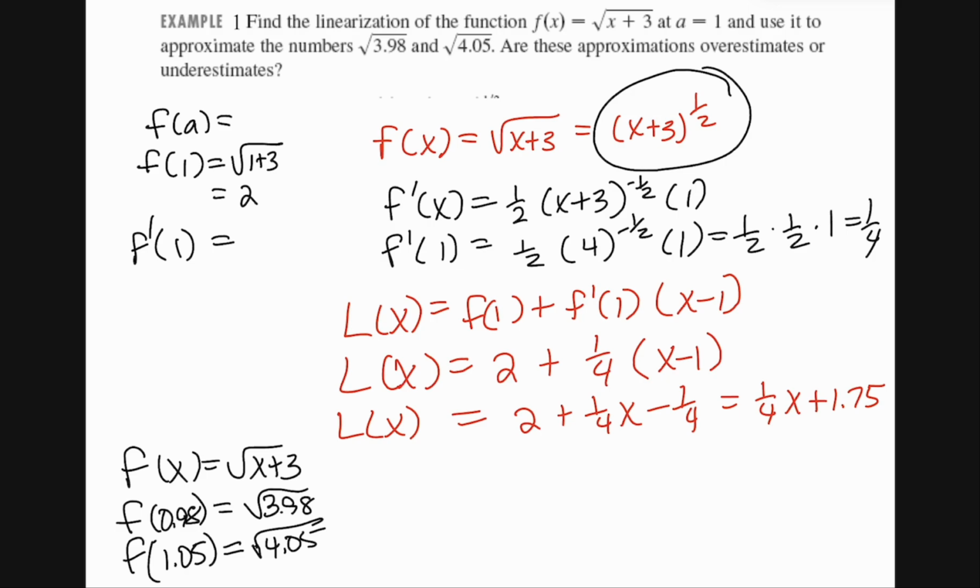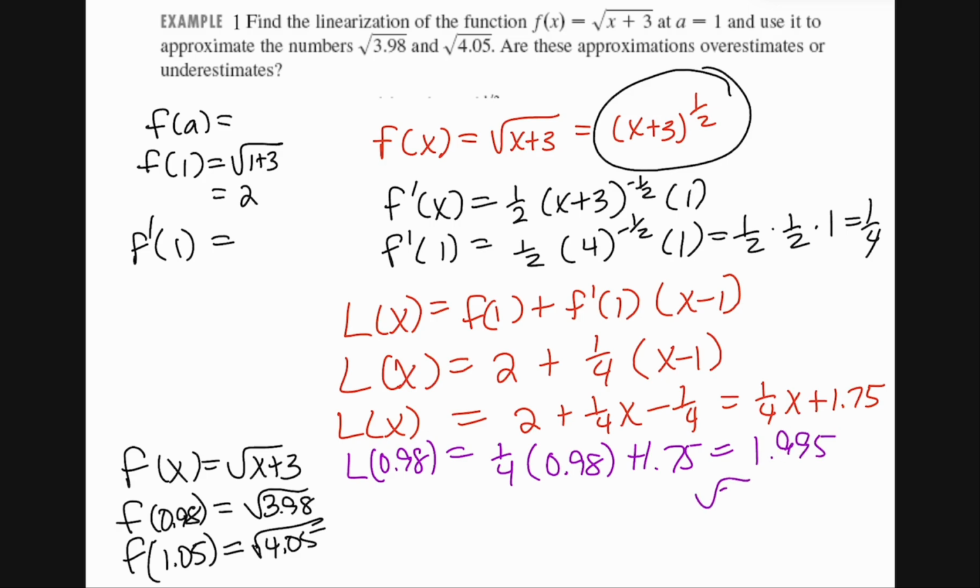Okay. So let's do each one. If I plug in 0.98, I get 1/4 of 0.98 plus 1.75, which is 1.995. Now, if you were actually to do the square root of 3.98 on a calculator, it's approximately 1.99499.